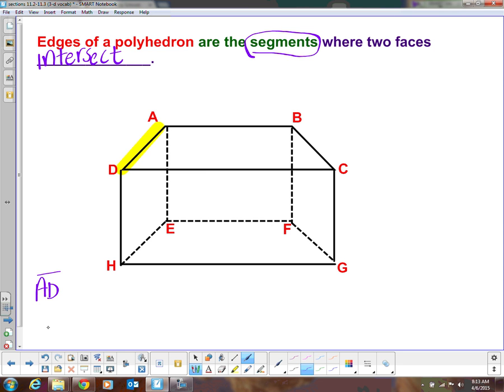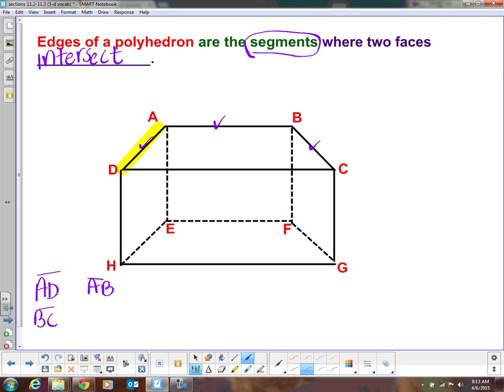Give me another edge. Lizzie? BC is its corresponding part on the other side. All right, give me another edge, Elber. AB. And give me another edge, Stephanie. Maybe I should mark these as we do them. Can you explain that?